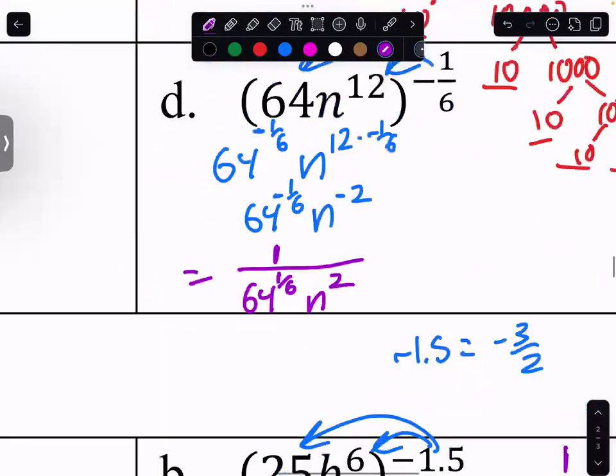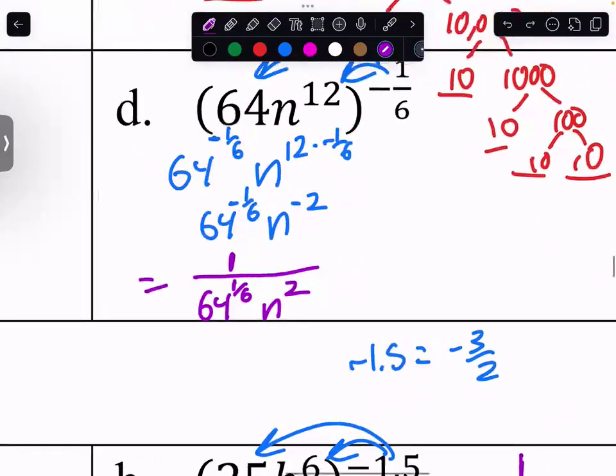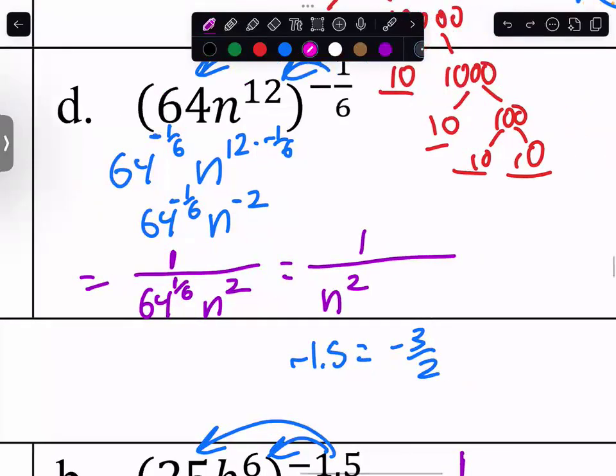So the n squared is fine. That exponent is not negative, it's not a fraction, but we can't leave the exponent of 1/6. So I'm going to rewrite the 64 to the power of 1/6 as the 6th root of 64. Again, technically the 1 would be an exponent, but you don't need to write it.